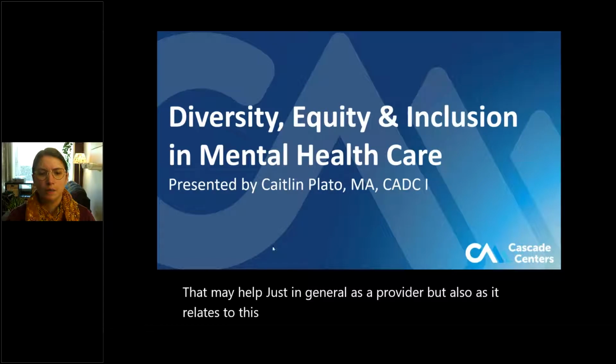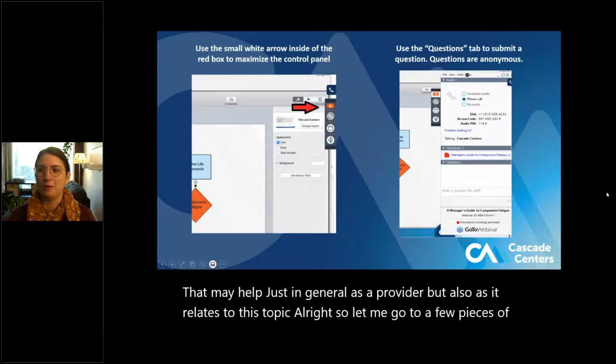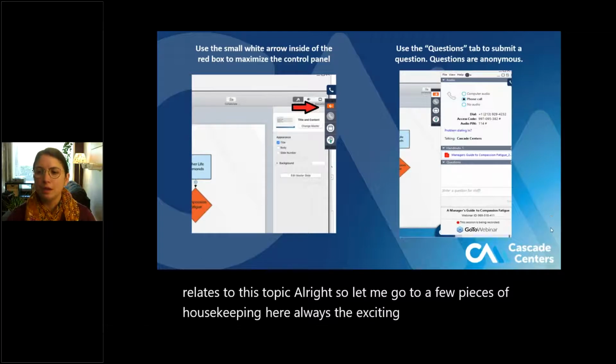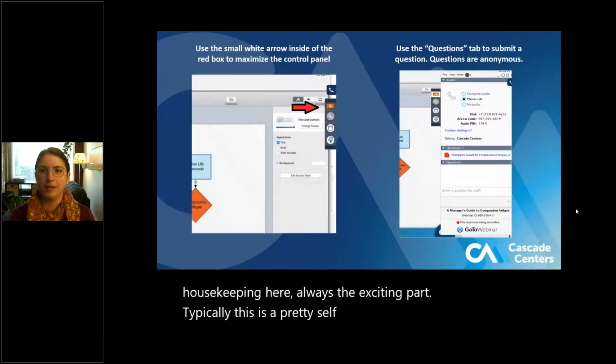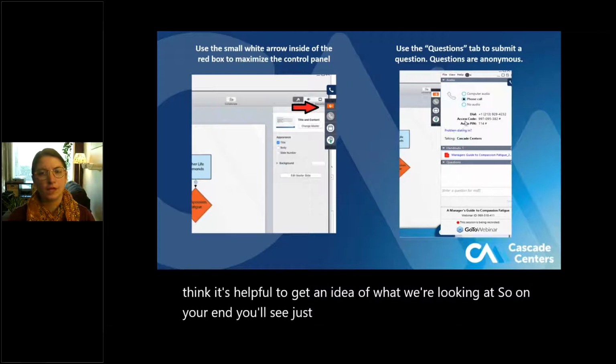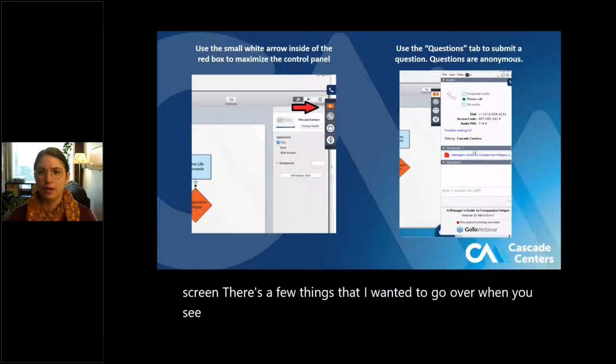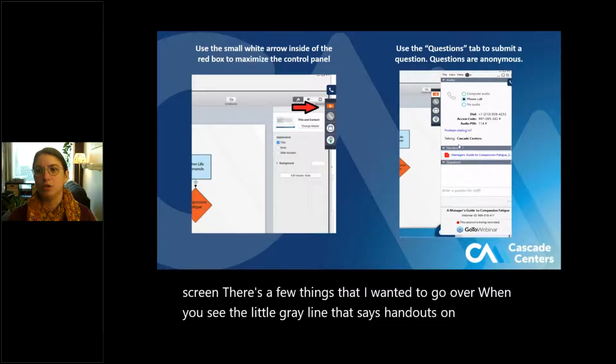All right, so let me go to a few pieces of housekeeping here, always the exciting part. Typically this is a pretty self-explanatory process, but I still think it's helpful to get an idea of what we're looking at. On your end, you'll see this little panel on the side of your screen. When you see the little gray line that says handouts, you should have two handouts.